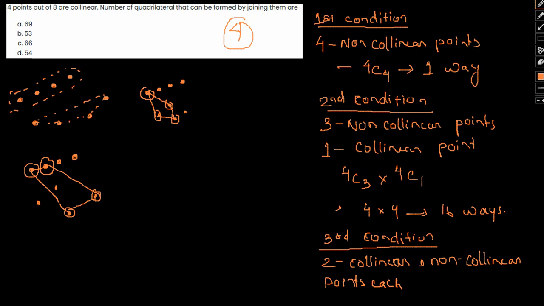So this can be done. 2 non-collinear points from 4 non-collinear points can be chosen in 4C2 ways, and similarly for the collinear points again 4C2 ways. So this would give us 6 into 6 equal to 36 ways.